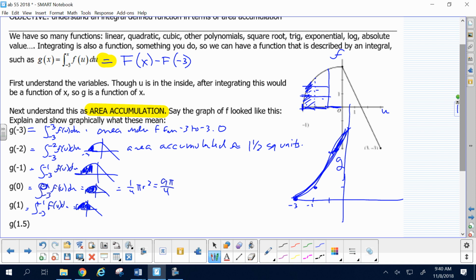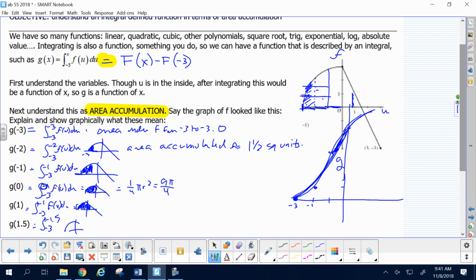So will my G get even bigger? It will. But in terms of how fast I'm gaining area, this 1 unit wide region is not quite as much area there. So I'm still gaining area, but I'm not gaining it as quickly. Cool? When I hit 1.5, I'm going to get the whole triangle area.